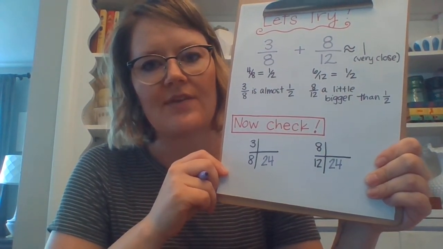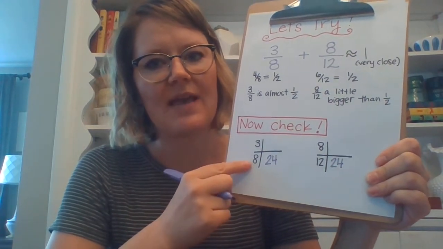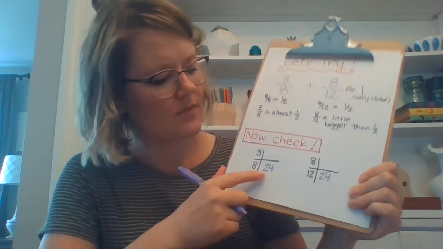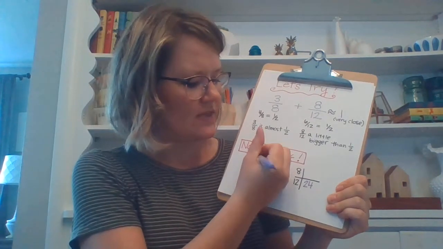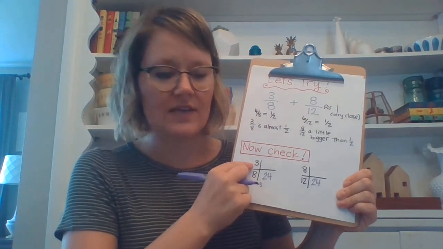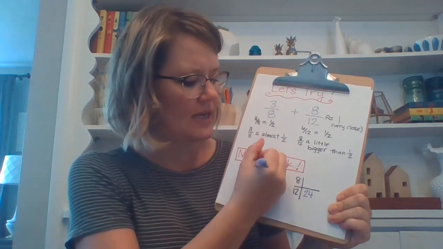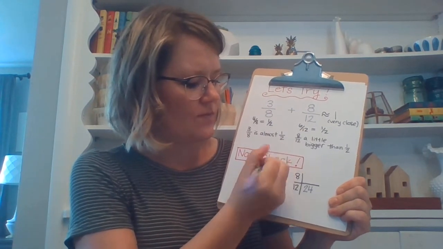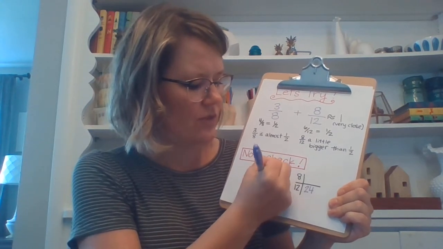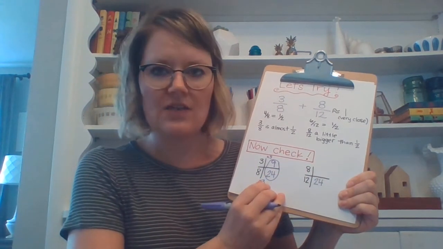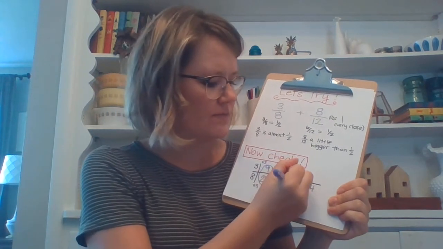Okay, and we have to keep them equal. So what did we multiply 8 by to get to 24? 8 times 3. We do the same thing to the numerator because if the pieces get smaller, we're going to need more of them. So 3 times 3 is 9. So now we know that 3/8 is equivalent to 9/24.